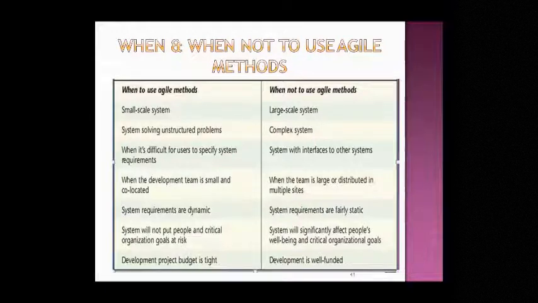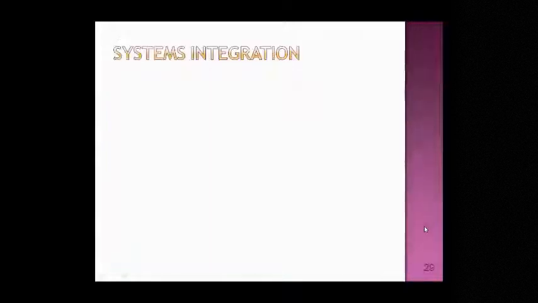But if the organization has a big budget or is well-funded, that's the time when not to use the Agile method. Also, when the system will significantly affect people's well-being and critical organization goals. Okay, so these are the things that you have to remember about when and when not to use the Agile methods.